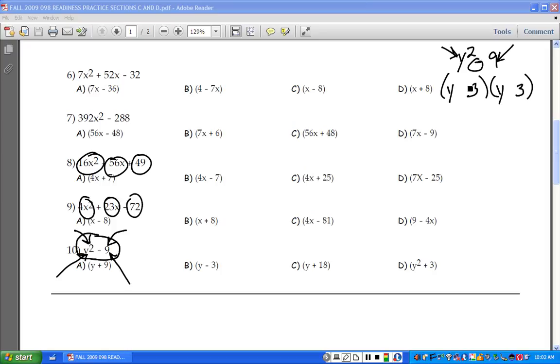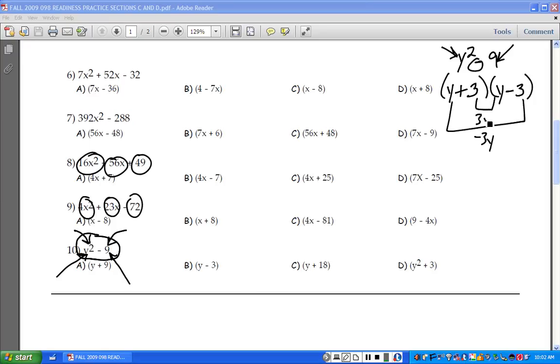Seeing that we have a negative for that 9, we know that signs have to be opposite, so we use a plus 3 and a minus 3. So let's check. First times first gives us first, which is y squared. Last times last. 3 times a negative 3 gives a negative 9, which is the last. Outside we get negative 3y.